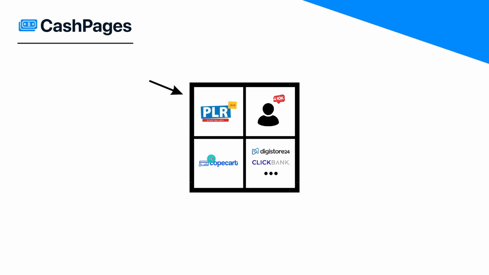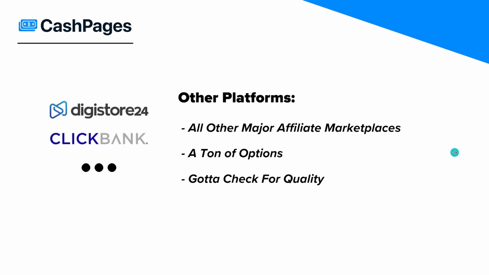On Copecard, I really don't have something against that, because Copecard usually has very great products and of course personal brands as well. But when you take a look at all the other major platforms, they're great. You have a ton of options ranging from price range to affiliate commission to niches, all sorts of niches. There's probably products for every niche in the world so that you can pick for your cash page, but you just got to check for quality.